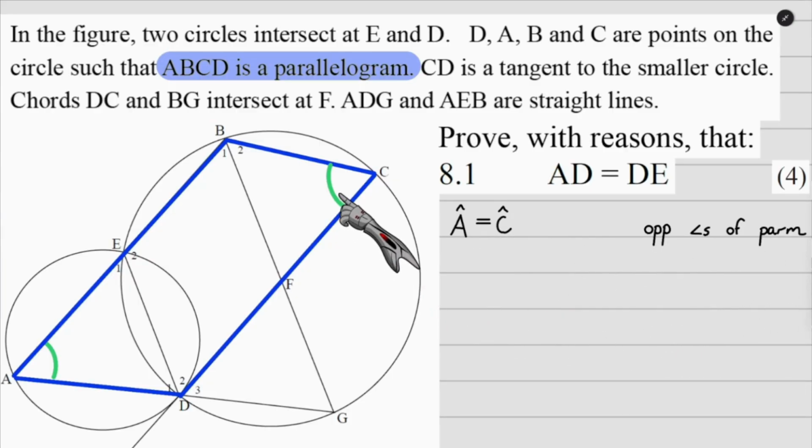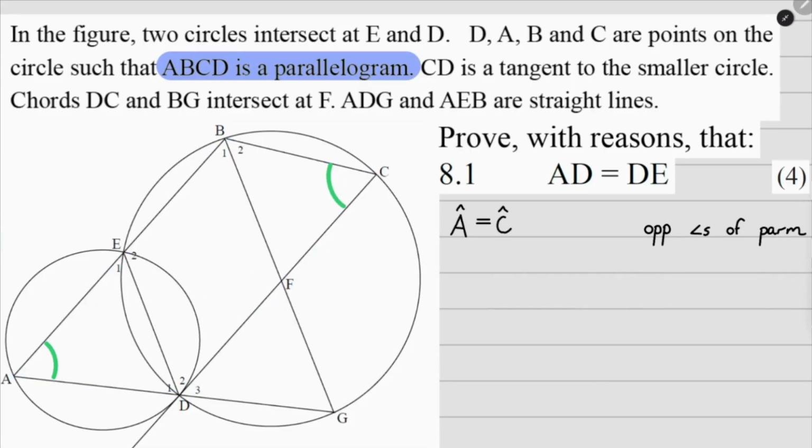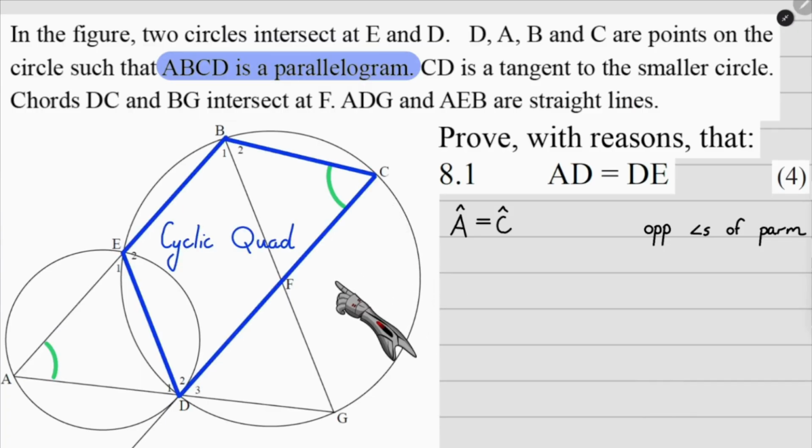Now I'm going to see what I can do with this green angle, see if I can relate it to E1 somehow. Okay, and then what I'm noticing is that C is sitting inside of a cyclic quad. Yes, would you look at that? So if I just extend this line EB a little, then I can see that E1 is an exterior angle of that cyclic quad.